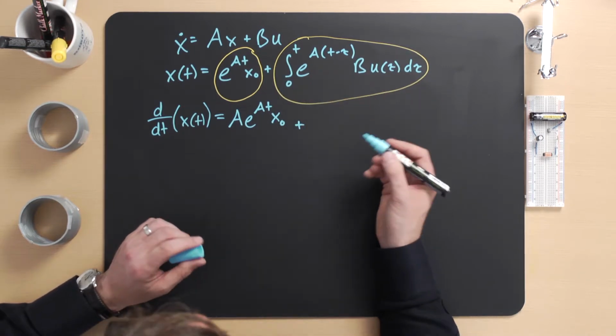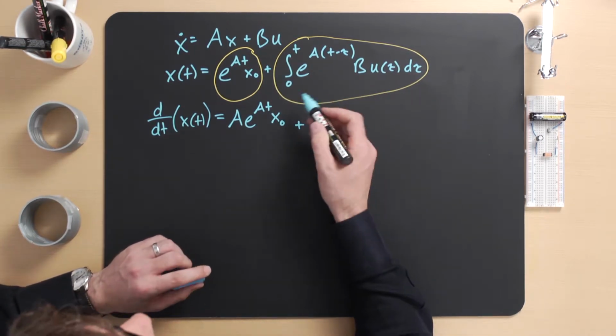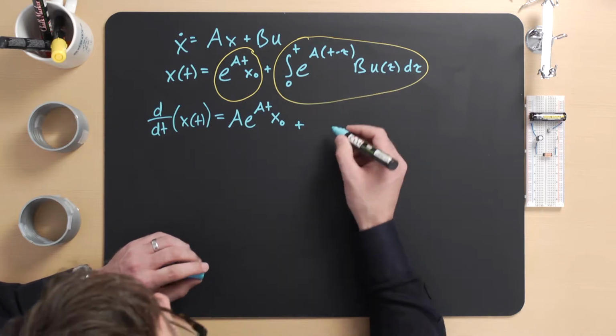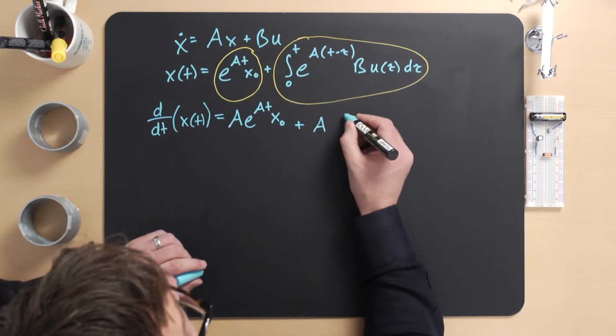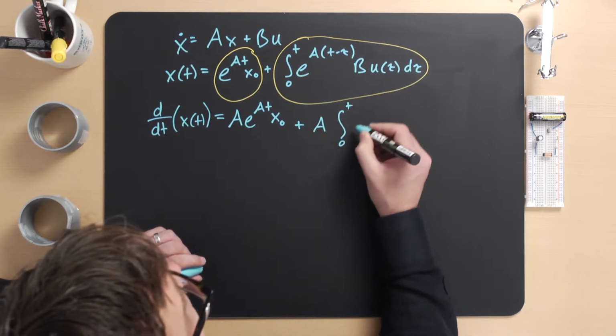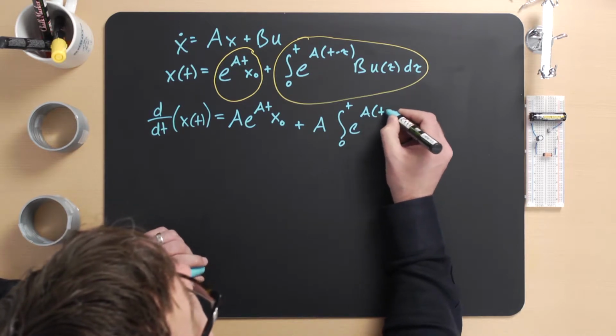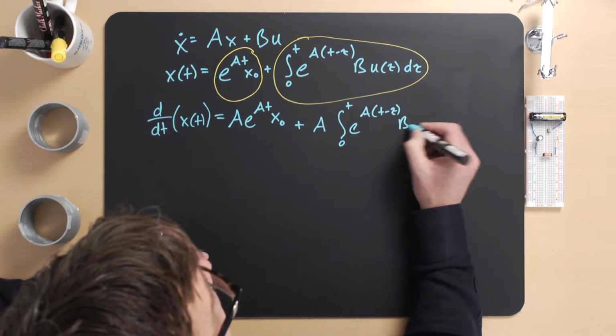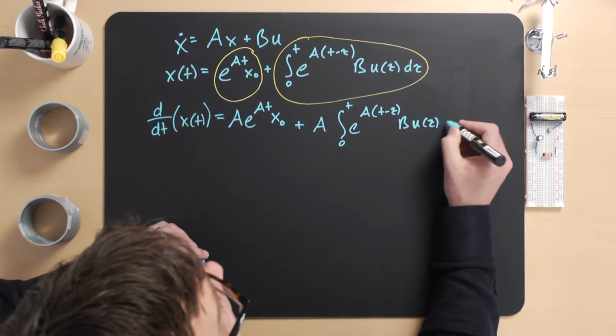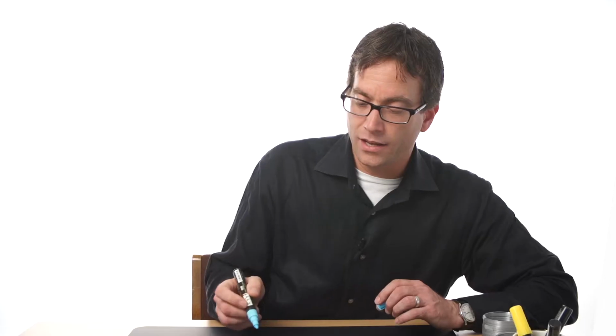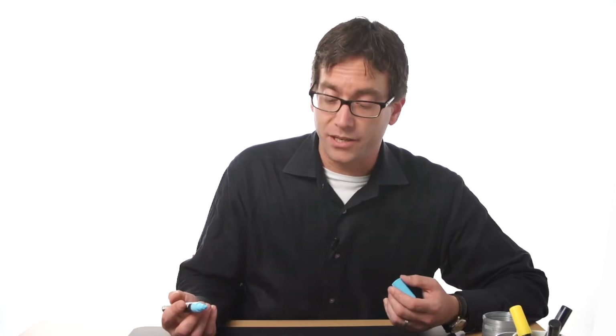And that's going to involve two terms. The first term is the integral of the time derivative of what's inside here. That's actually just a times the integral from 0 to t of e to the a times (t minus tau) b u of tau d tau. Now, the second term comes from Leibniz rule.